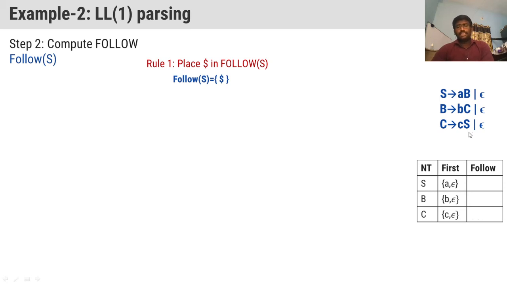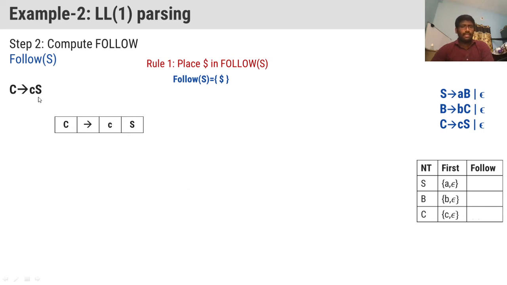In which production is S present? C implies small c capital S, and capital S is not followed by any other symbol. Then if beta is absent, if it is not followed by any other symbol, then simply we will apply rule number 3.